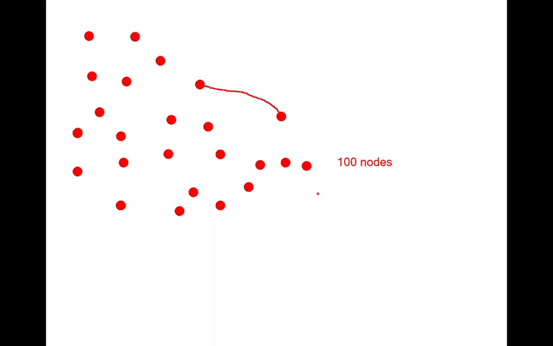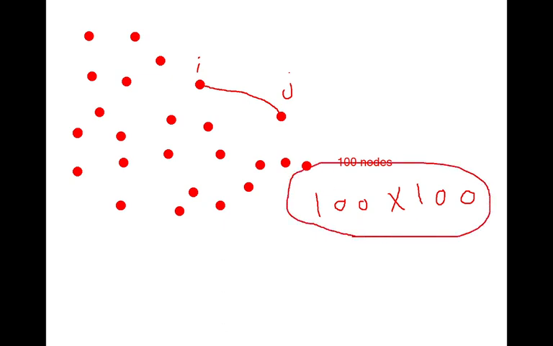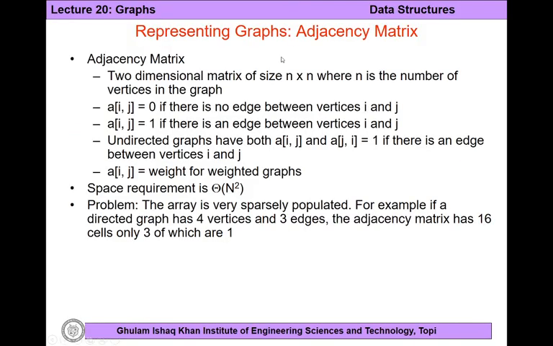So for this, we will be making a matrix of 100 cross 100, where only 2 cells, the cell between i and j and the cell between j and i, out of 100 cross 100 will be used. So the adjacency matrix is very sparse when the graph is rarely connected, right.